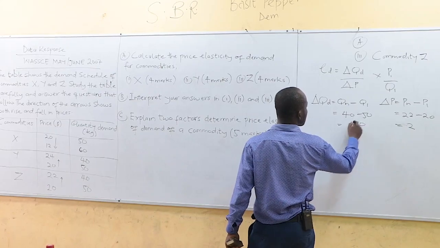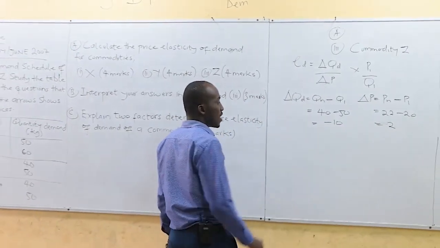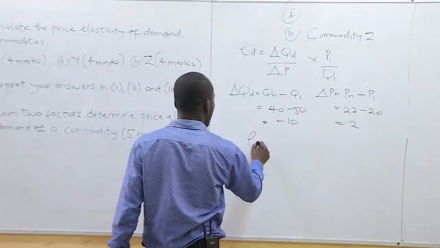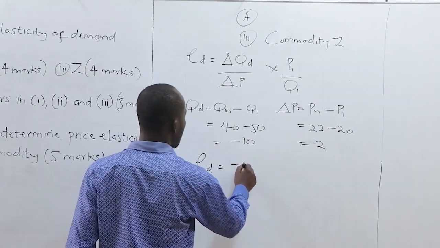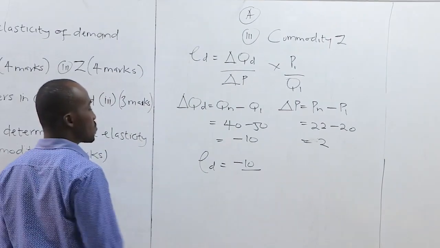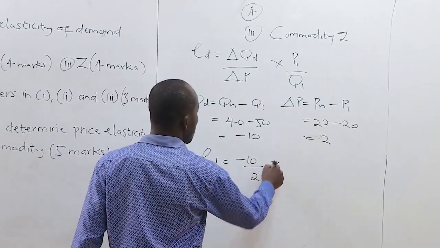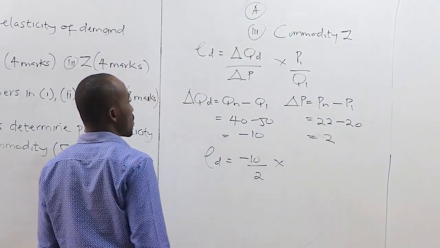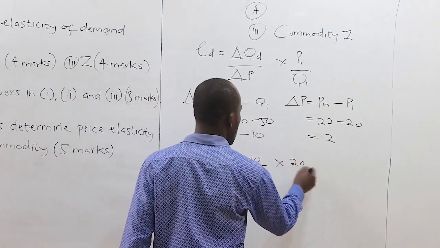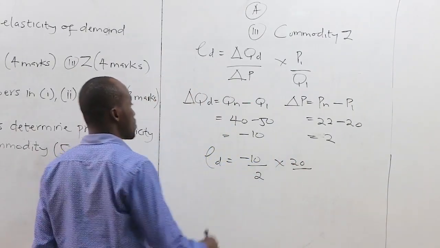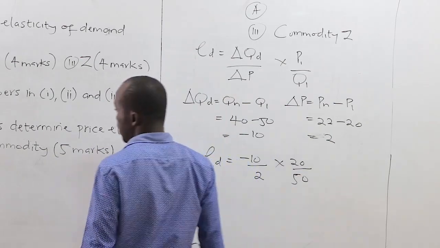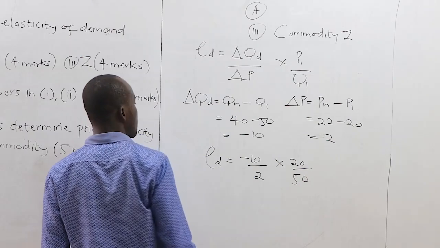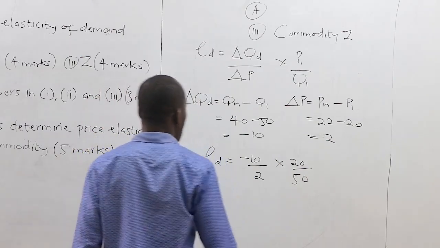You get negative 10. So let's put it in a function. Elasticity is equal to the change in quantity demanded, which is negative 10, over the change in price, which is 2, times the initial price, which is 20, and the initial quantity demanded, which is what? 50. Right? So the initial price is 20, the initial quantity demanded is 50.